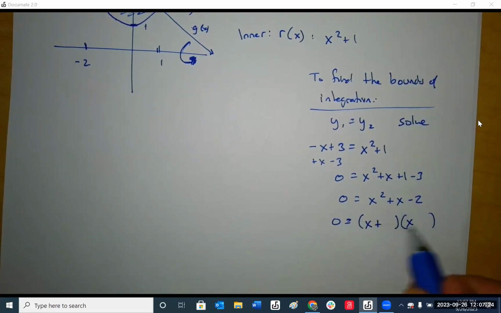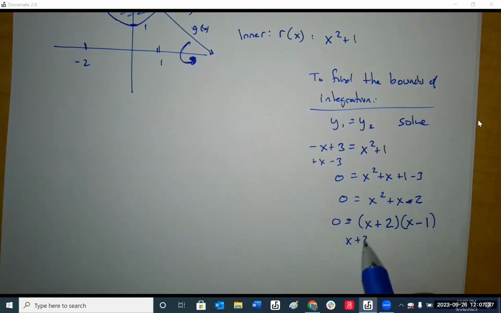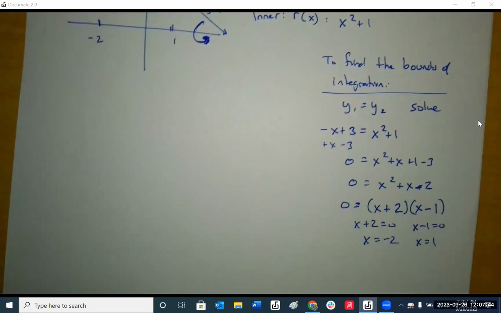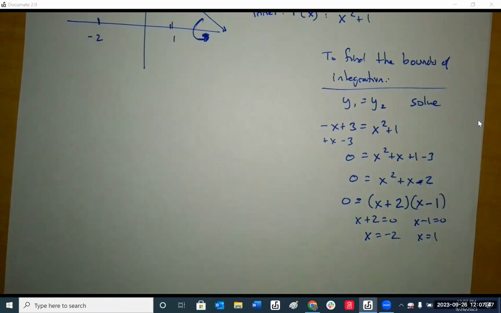We know the signs are opposite because it's negative. What times what is 2? When you subtract them, you get a positive 1: positive 2 and negative 1. Set those equal to 0. So those are our bounds of integration, from -2 to 1. You have to find where the graphs intersect, because those are your higher and lower bounds.